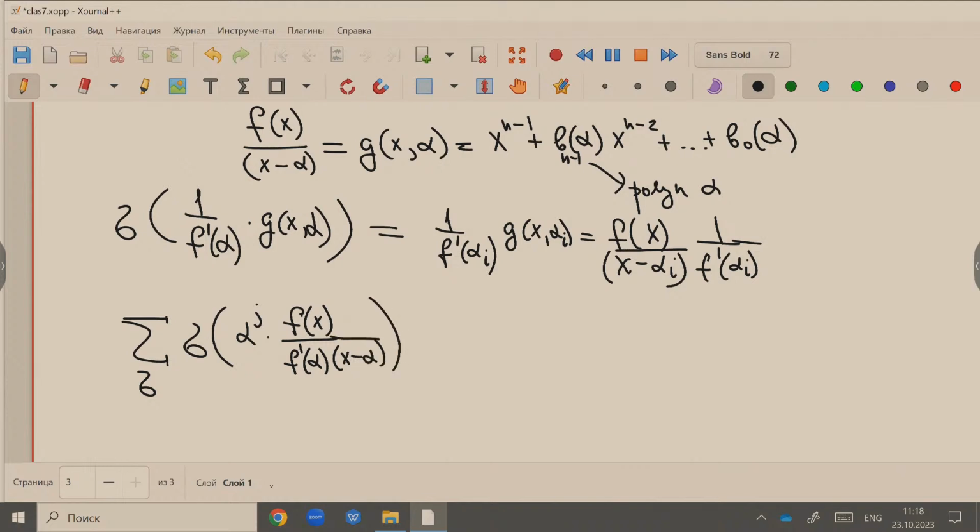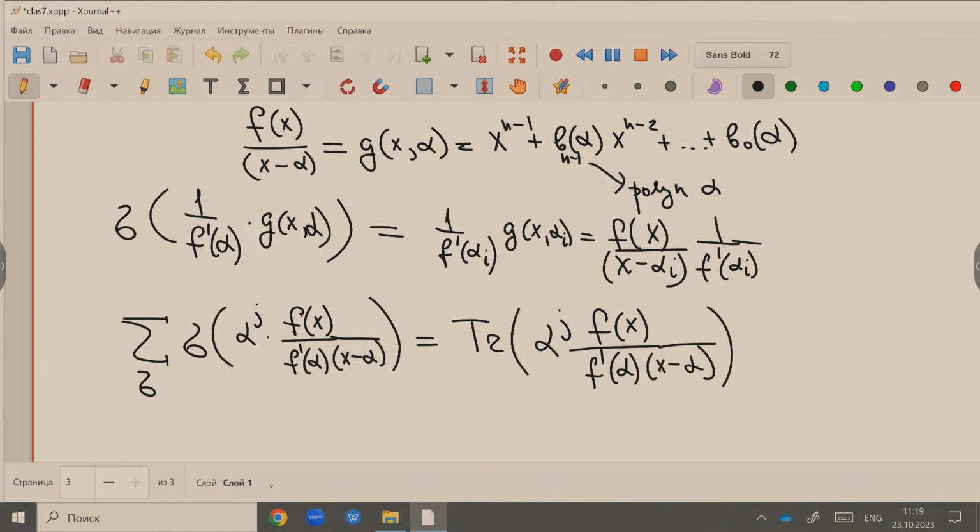So this was a calculation of the trace of this element, alpha j f(x) over f prime of alpha (x minus alpha). I'm just saying that I'm looking at this expression for the polynomial.